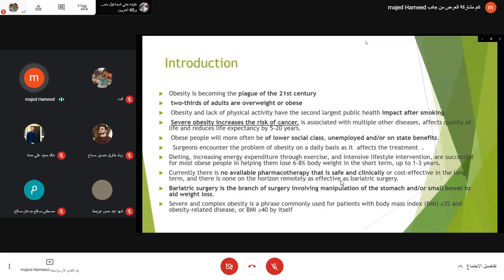There is no available pharmacotherapy that is safe and clinically or cost effective in the long term. Bariatric surgery is the branch of surgery involving manipulation of the stomach and/or small bowel to aid weight loss.